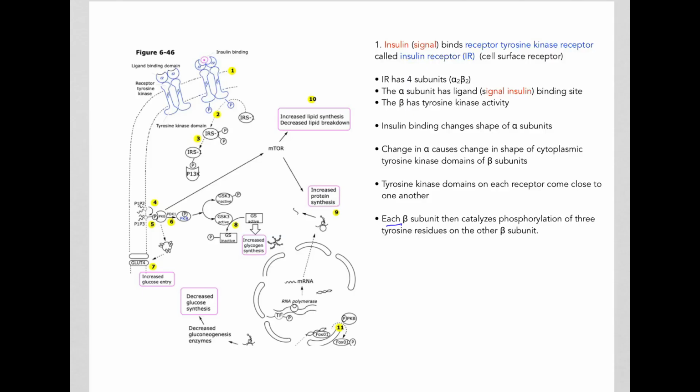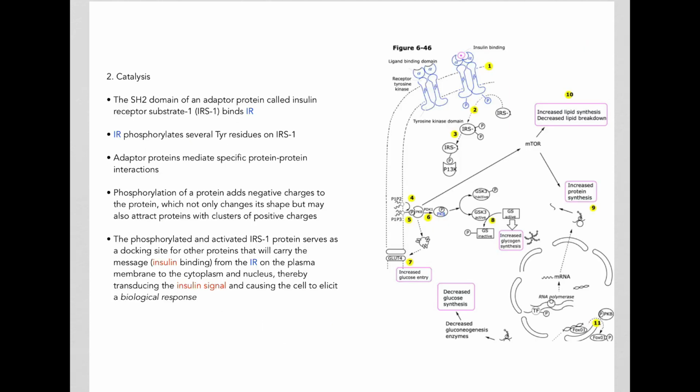So each beta subunit catalyzes phosphorylation of about 3 tyrosine residues on the other beta subunit. So now we see phosphate groups attached to the beta subunits on the cytoplasmic side of the receptor. This will now attract a protein called insulin receptor substrate 1, or IRS1.